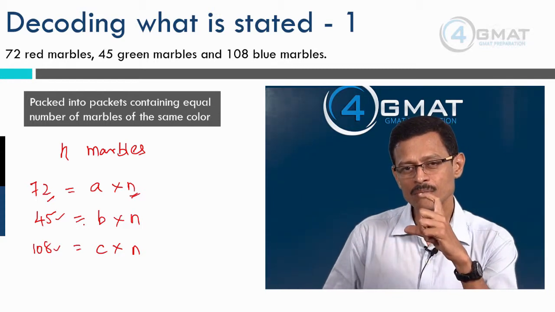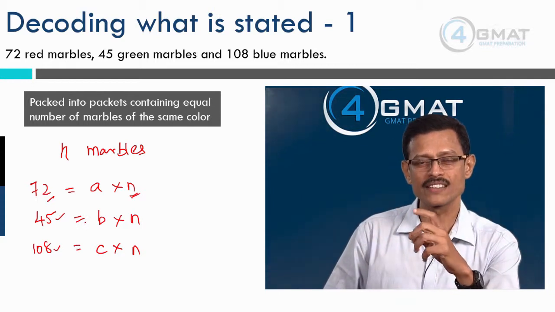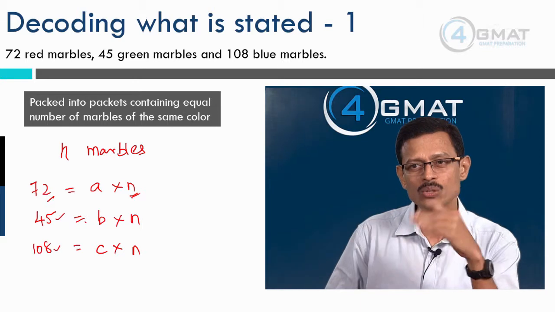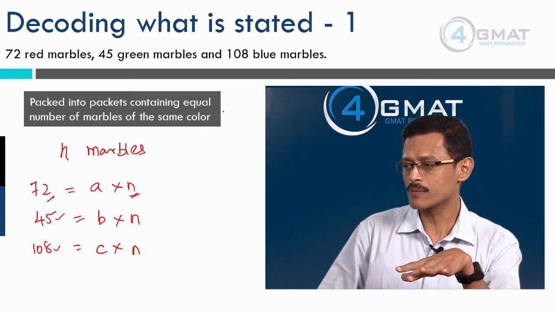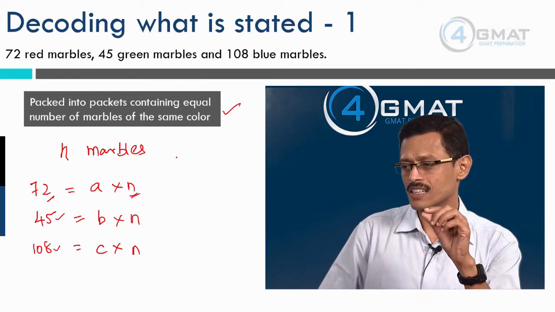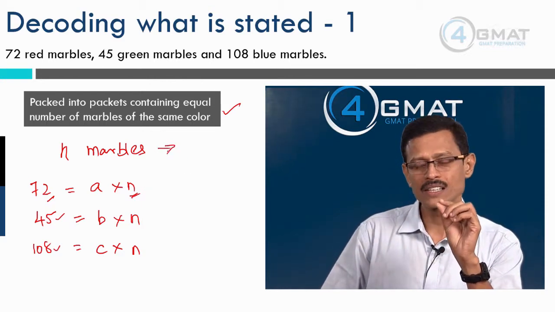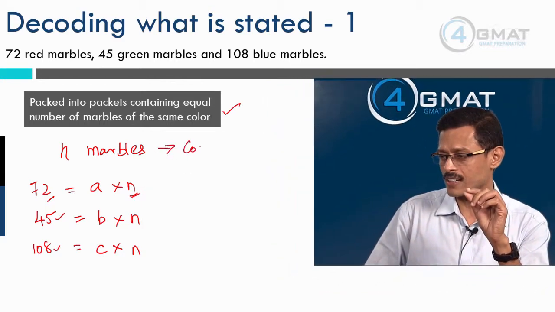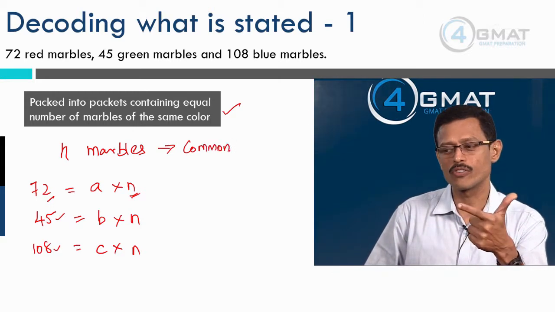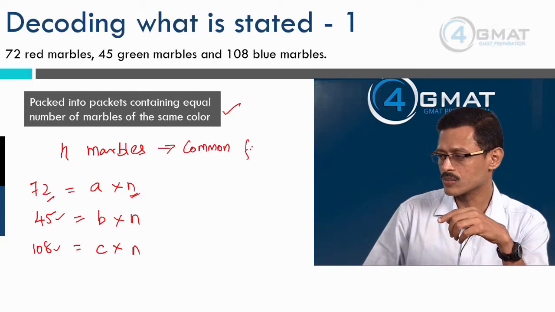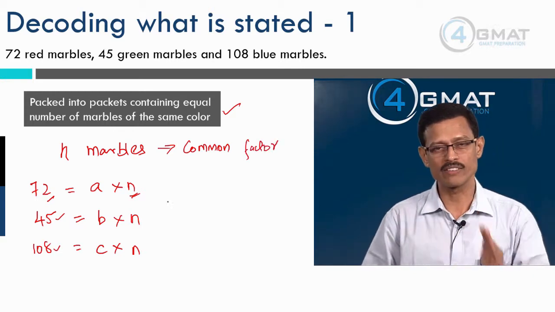So n, the number of marbles in each of these packets, is a factor common to these three numbers. So that's the first learning from this. We decoded part 1, and what we have got is that the number of marbles is a factor common to all these three numbers, 72, 45 and 108. So this is part 1 of what we have done.